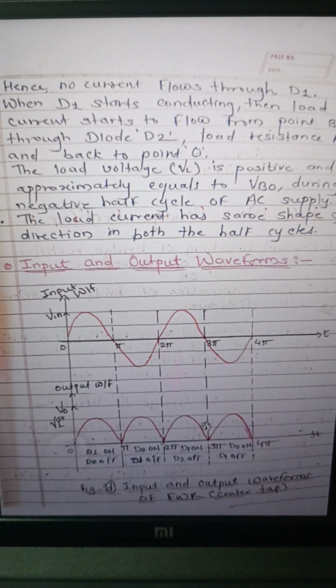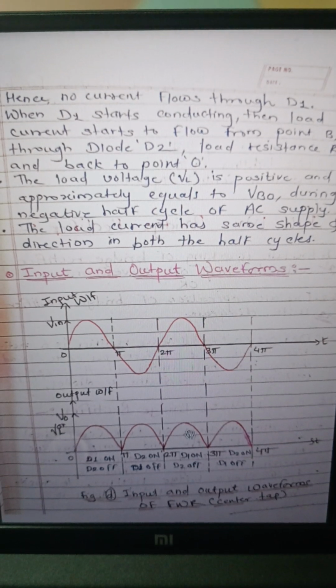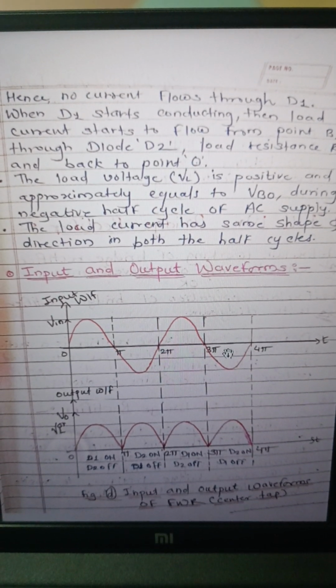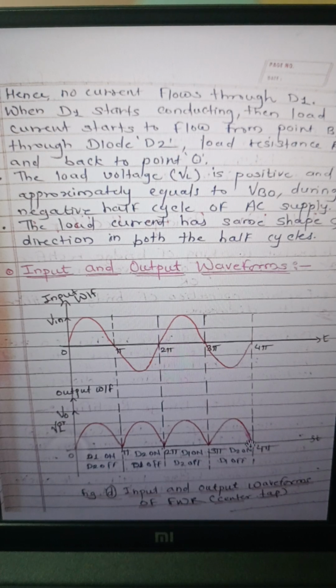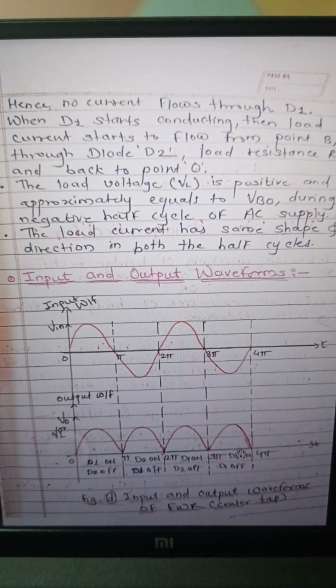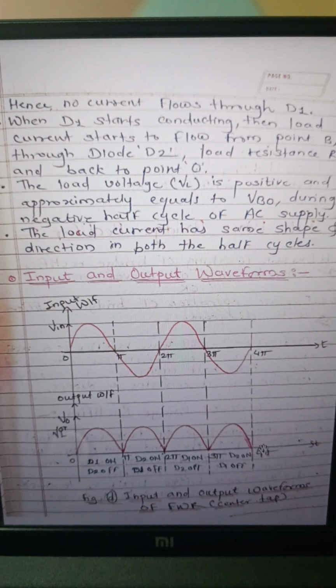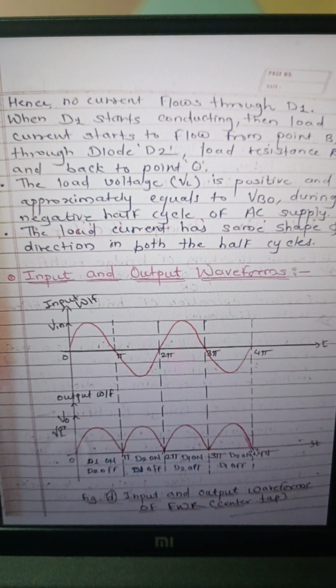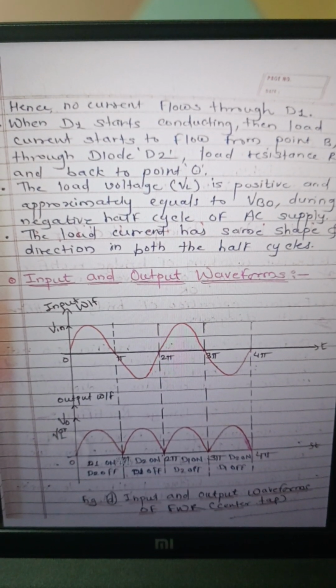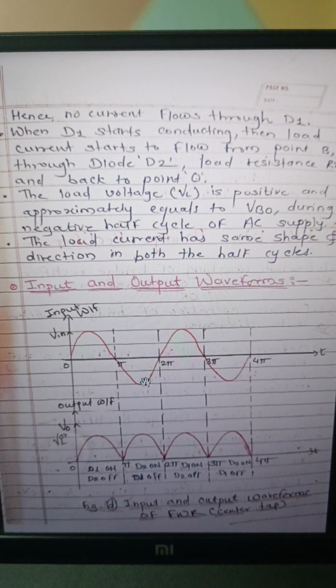Again during the positive half cycle, D1 is on, D2 off, so positive. Then negative half cycle, D1 is off, D2 is on, so we will get output voltage across RL V0 for both the half cycles, that is positive and negative.